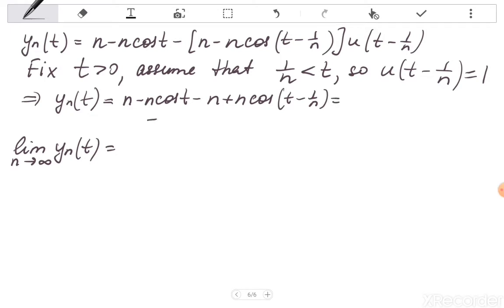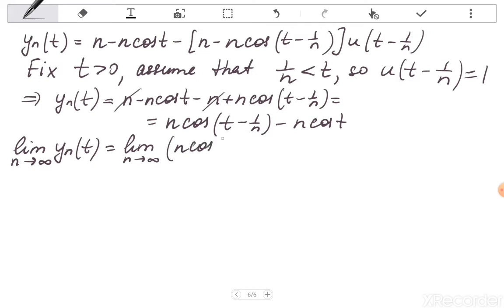So n here can be cancelled: n cosine t minus 1 over n minus n cosine t. So we need to find the limit of this function t minus 1 over n minus n cosine t.